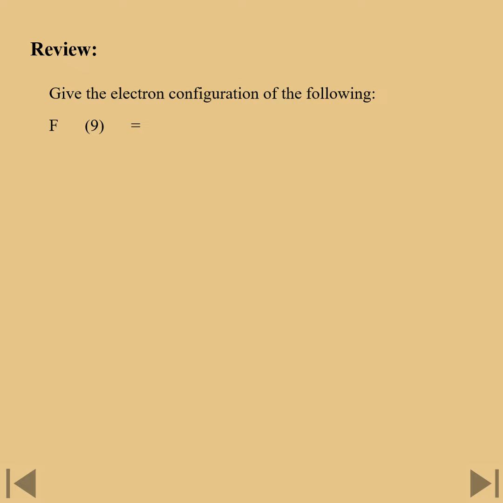There's 4. Our fifth electron starts 2p, and fluorine is within the subshell, so 1, 2, 3, 4, 5 gets me to 9 electrons. So again, that was 1s2, 2s2, 2p5 for 9 electrons.